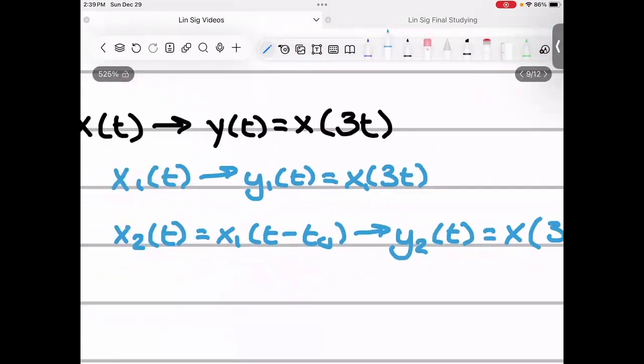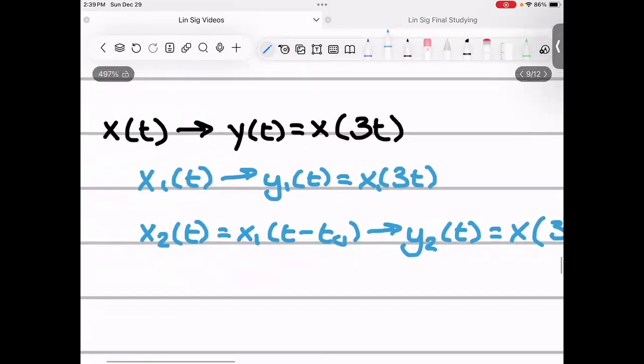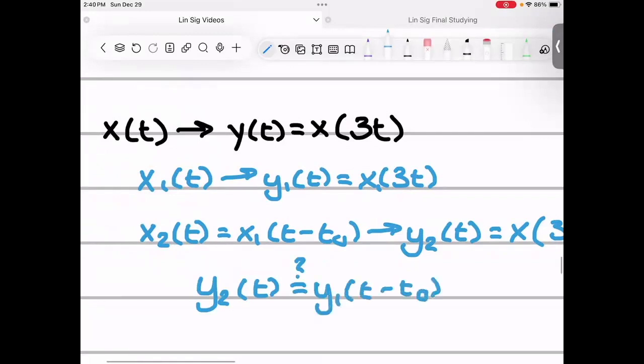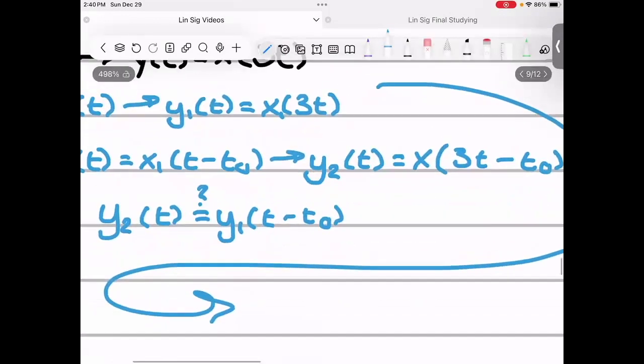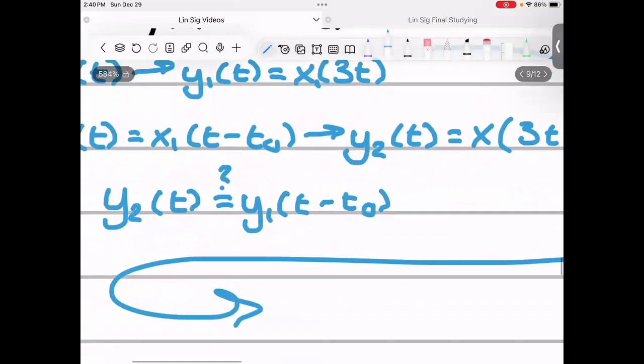But then we want to know, is y2 of t equal to y1 of t minus t naught? And when we go to solve for that, we're going to actually go ahead and plug in the t minus t naught. So x1 of 3, now imagine little parentheses around that t.